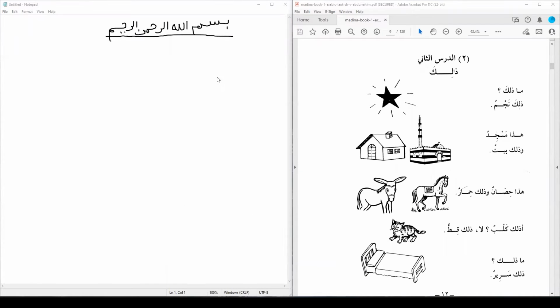As for today, we learn some new vocab. The main thing that we learned this lesson is about the word dhalika. Dhalika means that is.